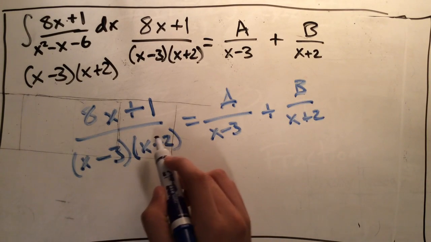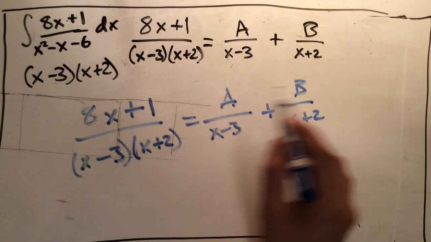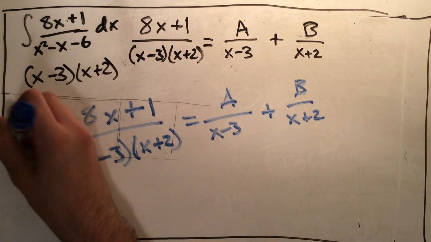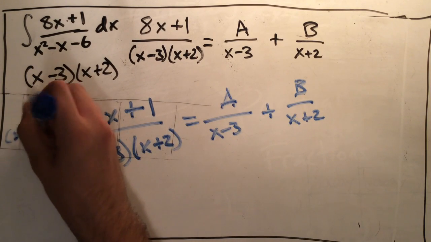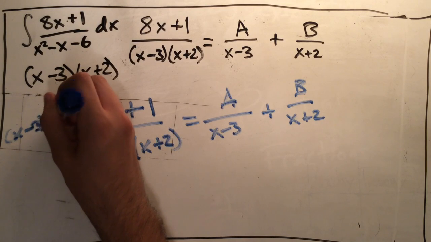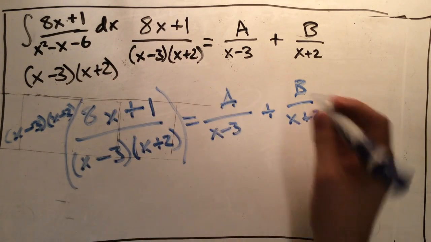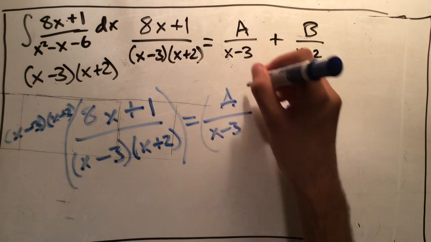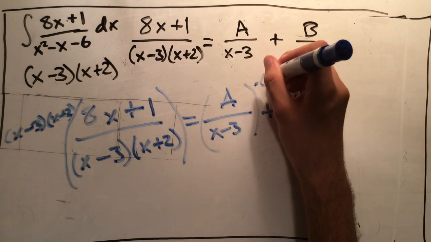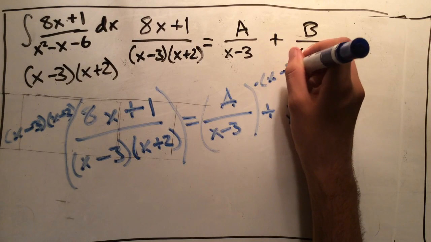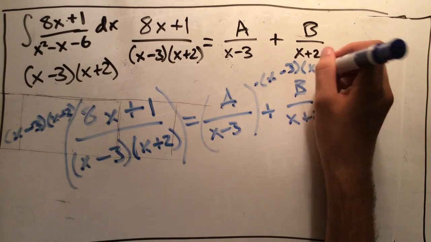Now we need to get rid of the denominators, so we multiply every term by x minus 3 times x plus 2.